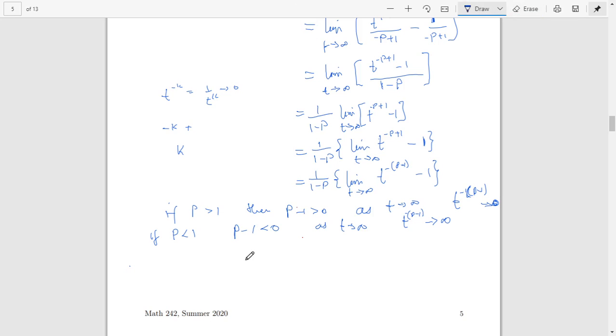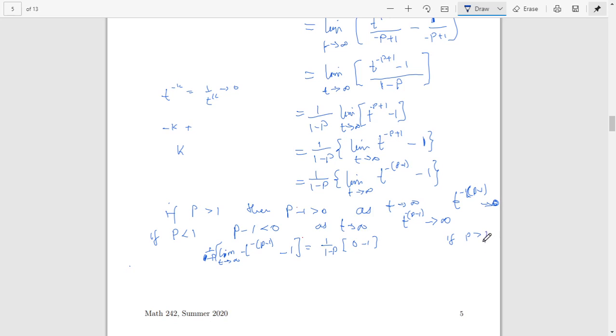Limit as t goes towards infinity of 1 over (1 minus p) times t to the power of (1 minus p), minus 1, is the same thing as 1 over 1 minus p multiplied by, this one here will give me 0, minus 1 if p is bigger than 1.